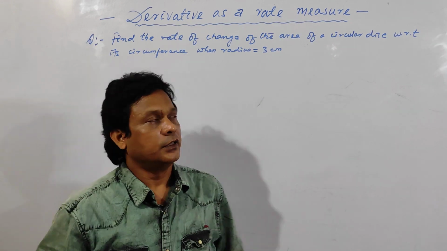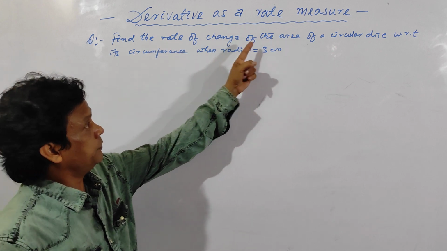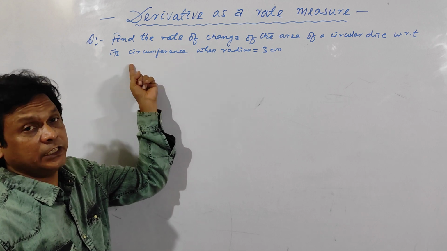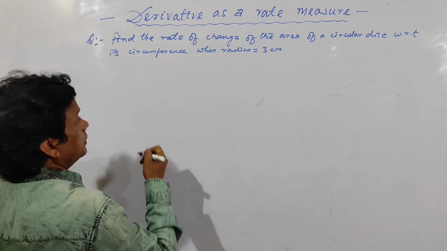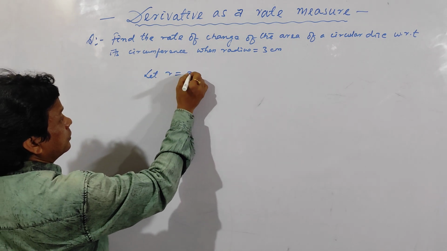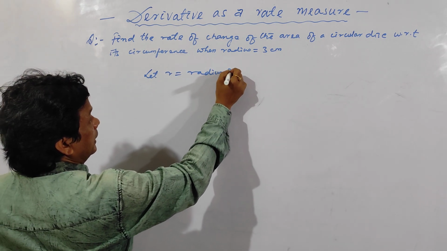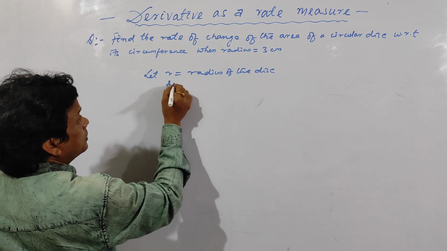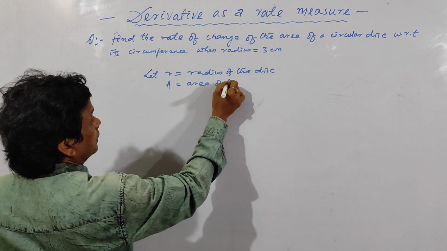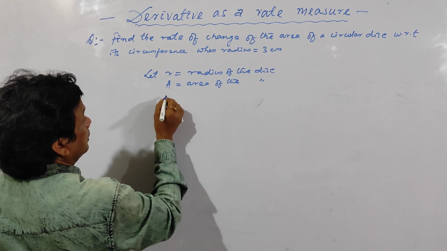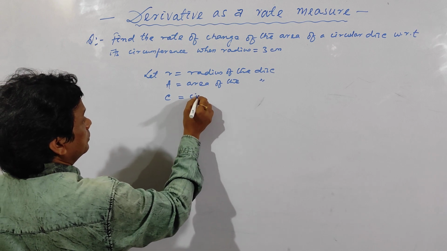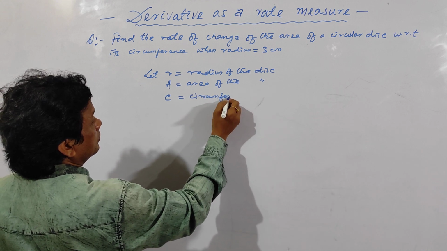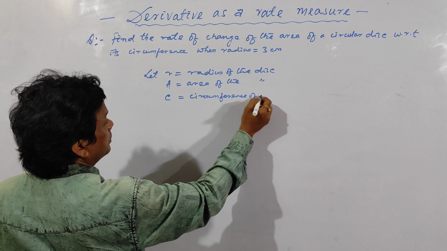Clear? See here, you want to find out the rate of change of the area of a circle, a circular disc, with respect to circumference. Slightly different question. Okay. See here, let R is equal to the radius of the disc, and A is equal to the area of the disc, and circumference C is equal to the circumference of the disc.